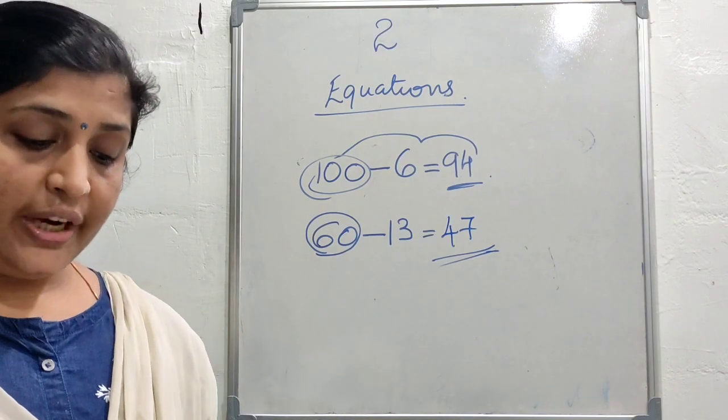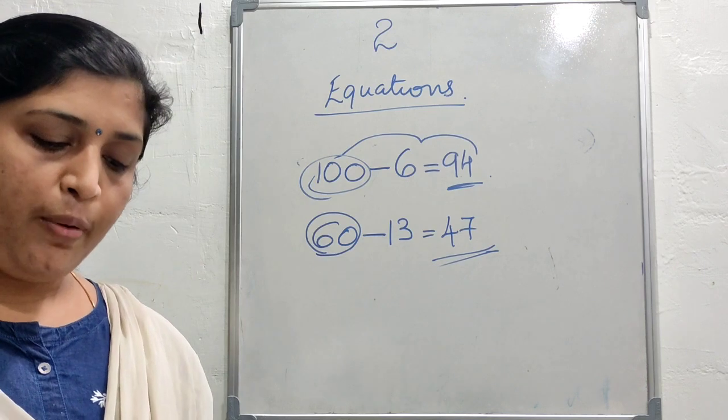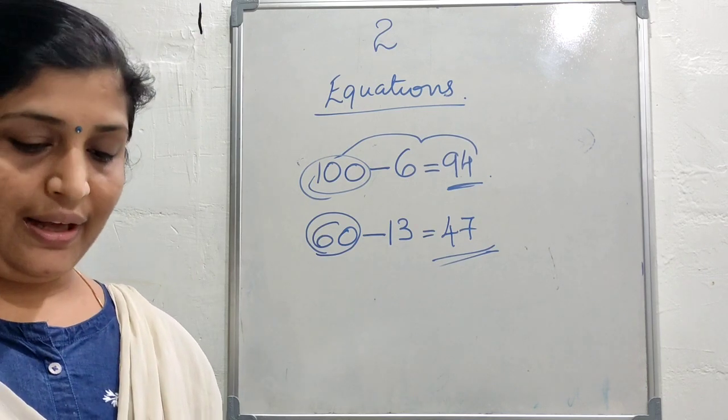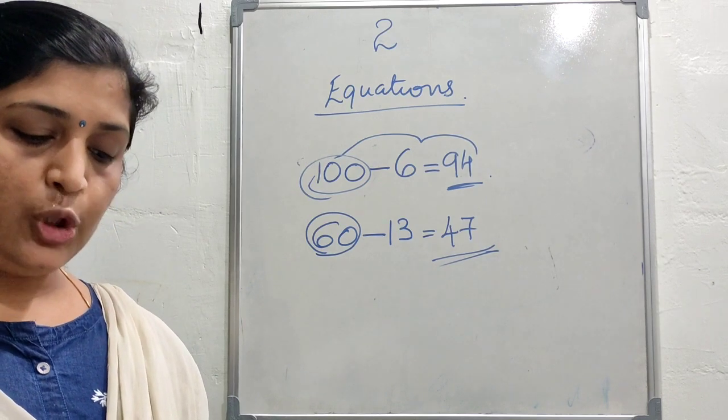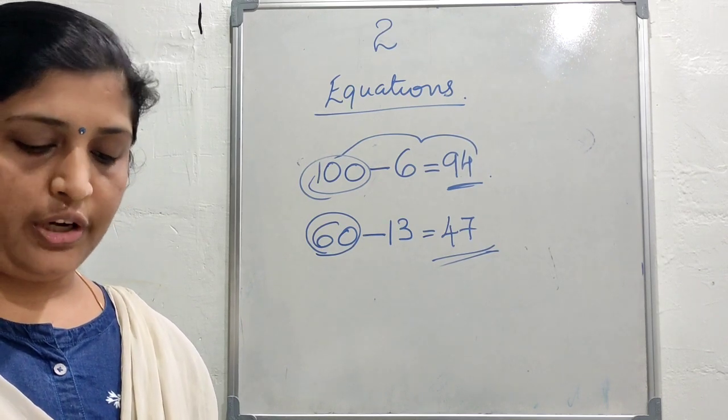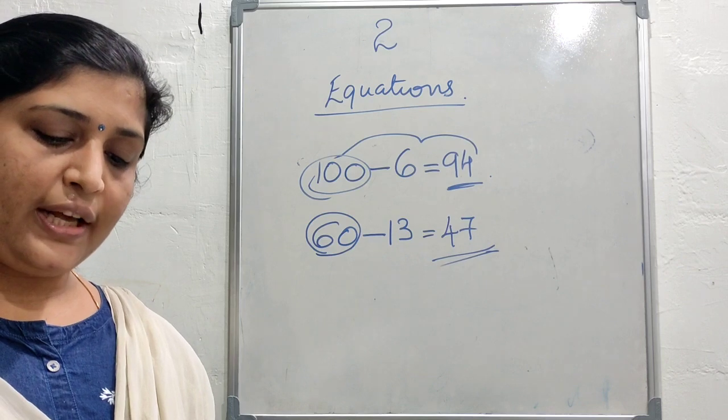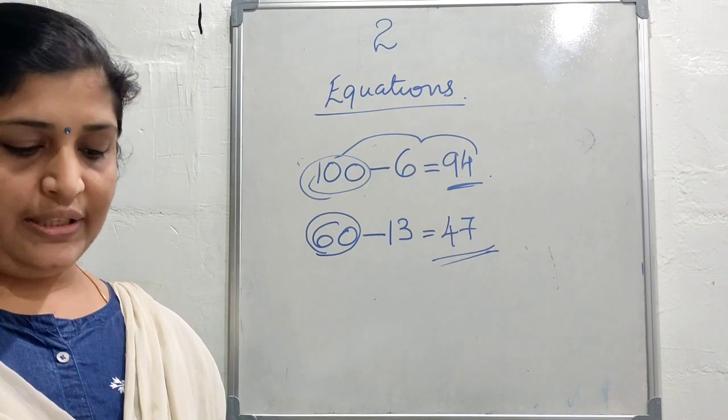Okay. So next question. Gopalan bought a bunch of bananas. 7 of them are rotten, which he threw away. Now there are 46. How many bananas were there in the bunch?